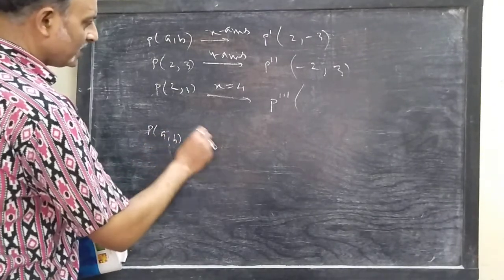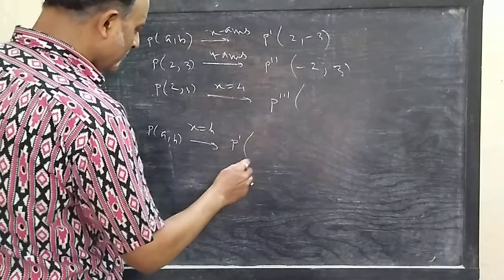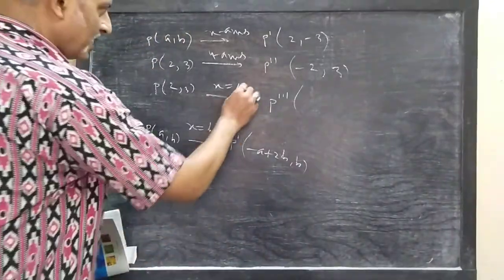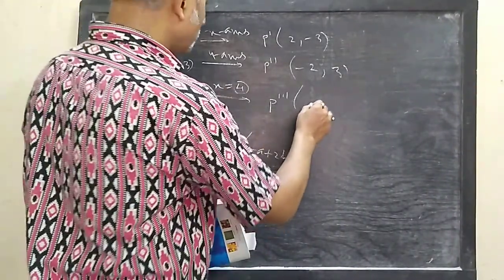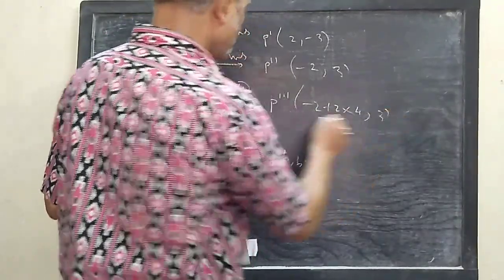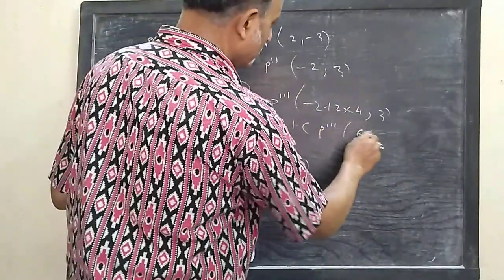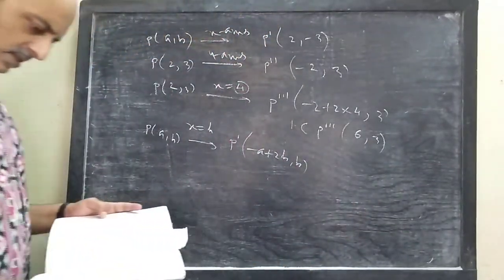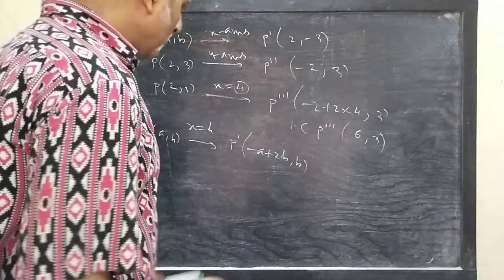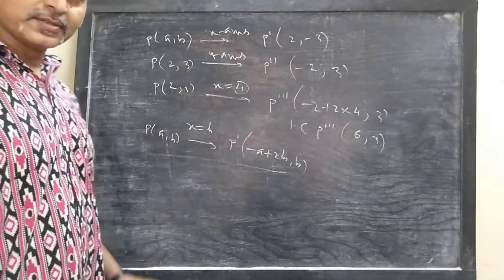When P(a, b) is reflected in the line x equals h, then it goes to P dash (-a + 2h, b). So here h is 4, so this will go to (-2 + 2 into 4, 3). That is, the coordinates of P triple dash will be 2 fours are 8, minus 2 is 6, so (6, 3). So simple. Clear? You have to remember this formula always. Okay.